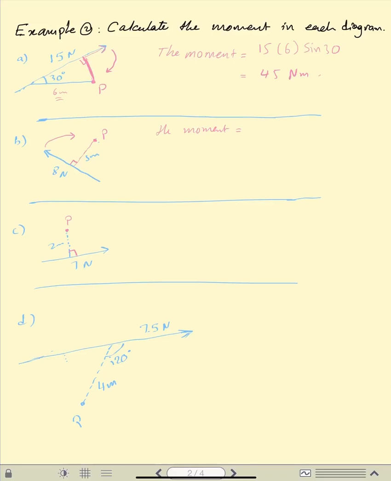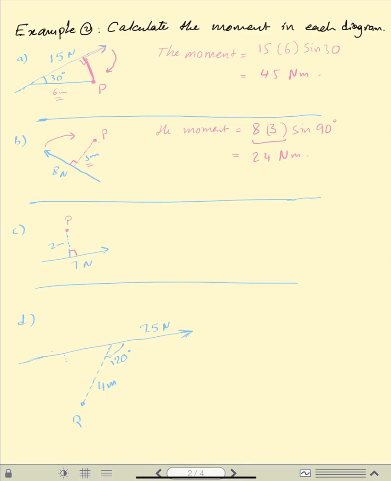F in the question is 80 newtons times D, which is 3 meters, sine 90. Sine 90 is 1 in the calculator. So the moment in this question is 24 Newton meters. Simple like this.